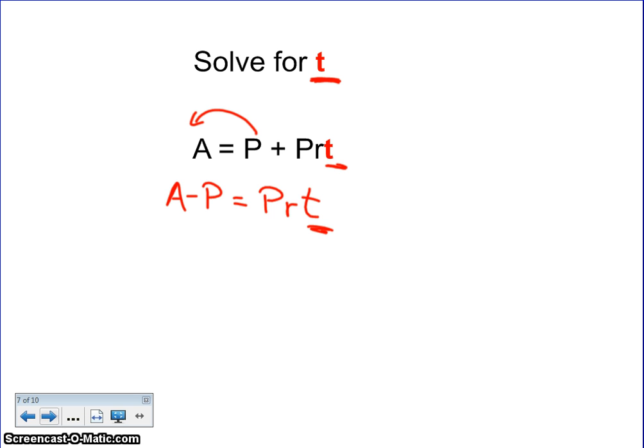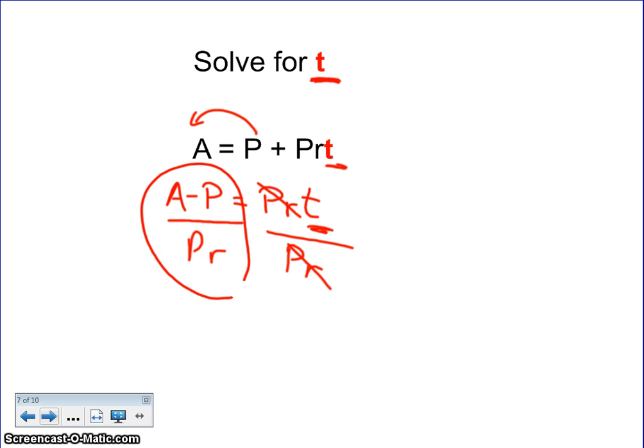And again, t is what we're trying to get by itself. So now that we've gotten the t term down to this single term on this side, we can divide both sides by pr. Over here, the prs cancel out. So this is your final answer, a minus p over pr.